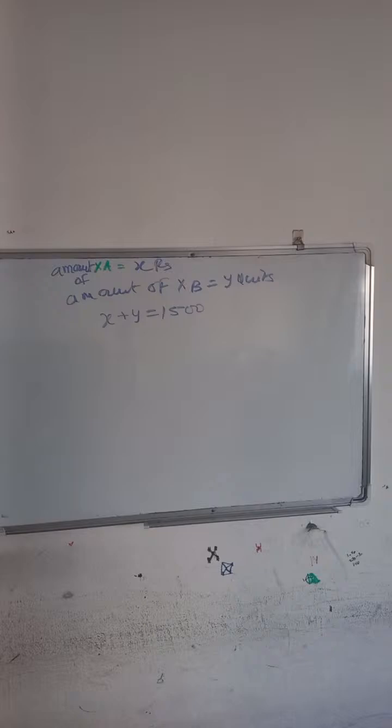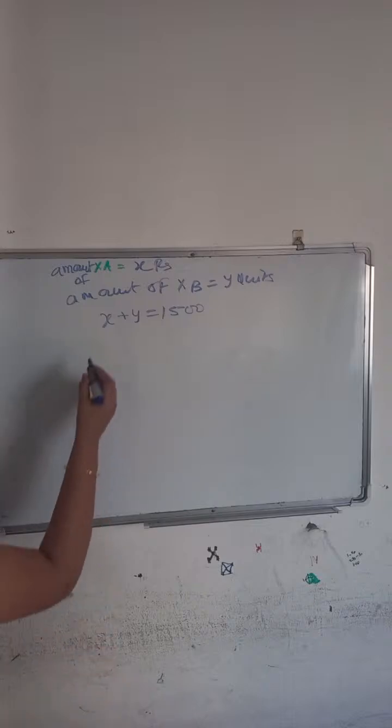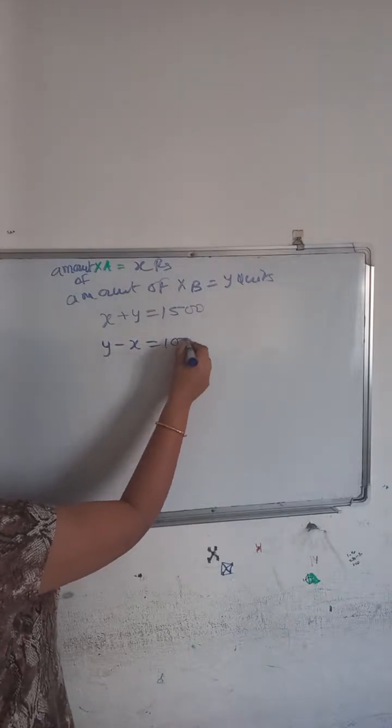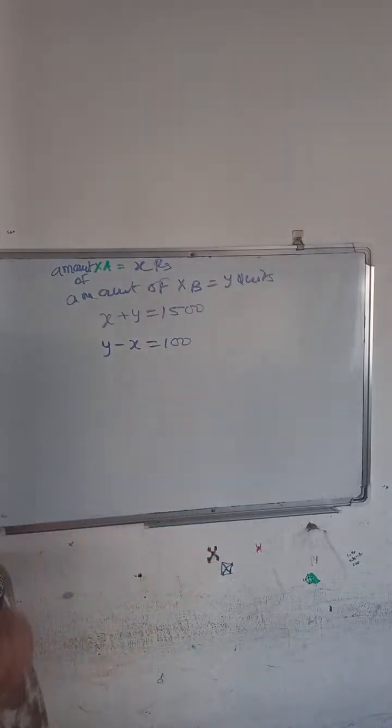And in the second case, what are they saying? They are saying the contribution of class A was rupees 100 less than that of class B. So we can write here y minus x is equal to 100, or y is equal to 100 plus x. We can write it like that. So we have these two equations.